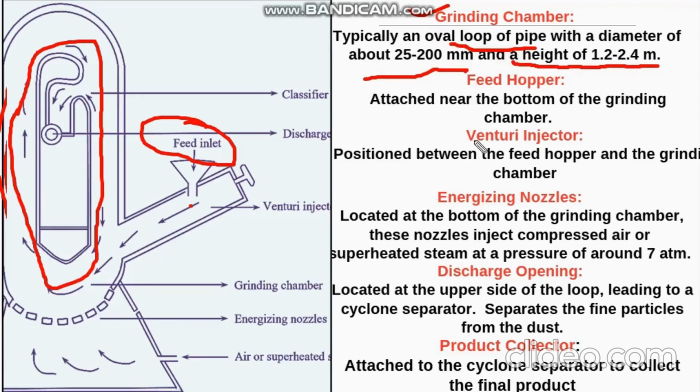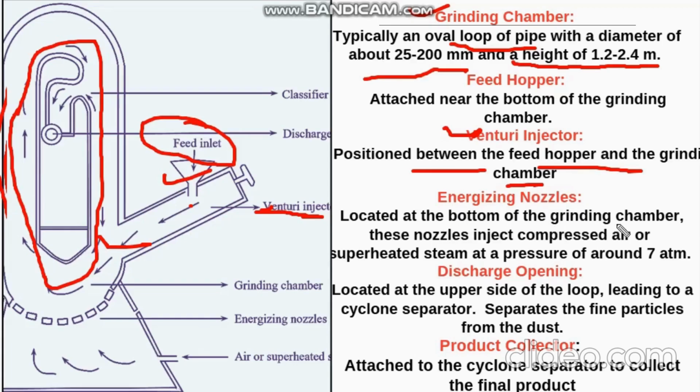The next one is the venturi injector, which is positioned between the feed hopper and the grinding chamber. This is the feed hopper and this is the grinding chamber. The energizing nozzles are located at the bottom of the grinding chamber.